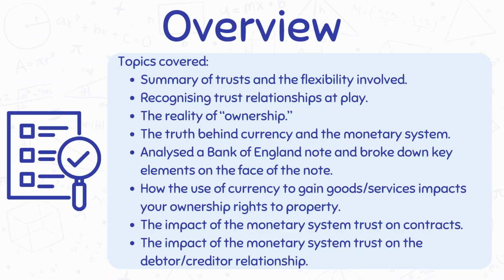We have analyzed a Bank of England note and broken down each of the key elements on the face of the note. We've shown you how the use of the currency to gain goods and services impacts your ownership rights to property. We've talked about the impact of the monetary system trust on contracts, and we have discussed the impact of the monetary system trust on the debtor-creditor relationship.